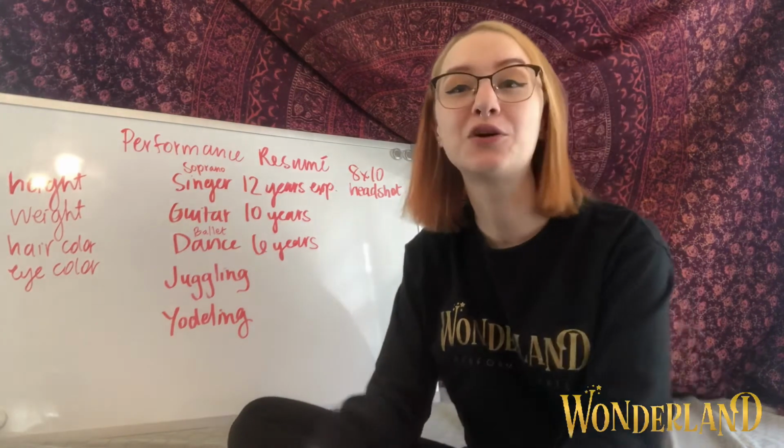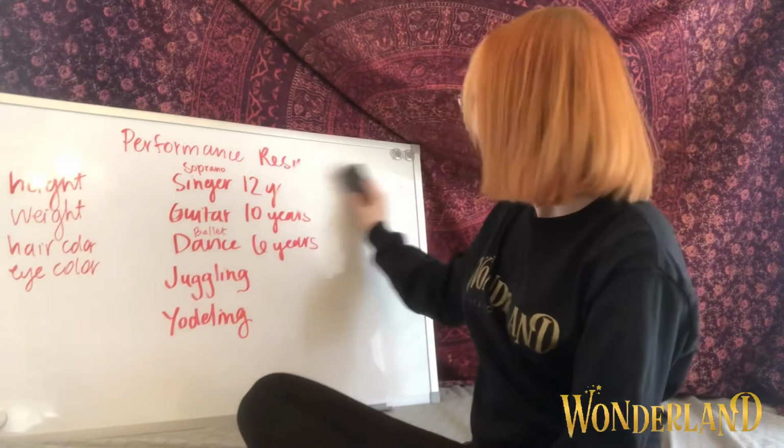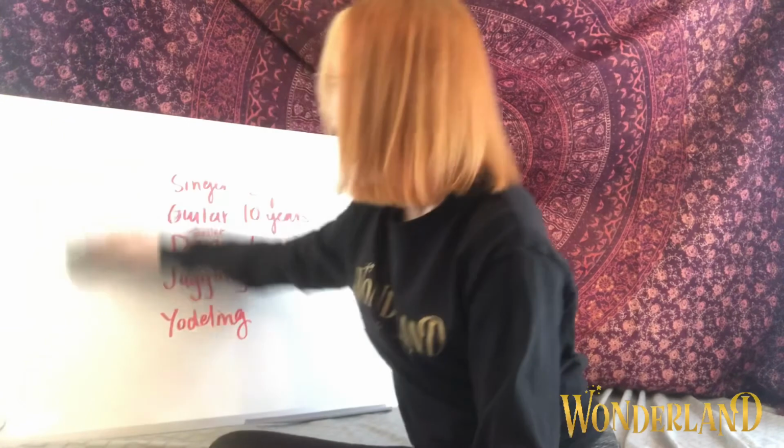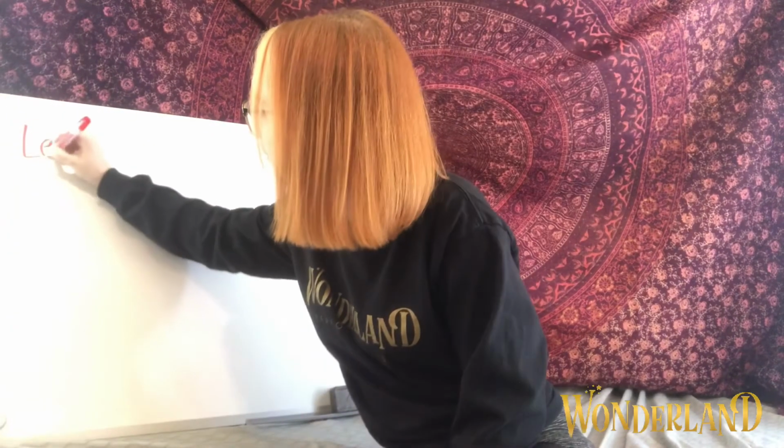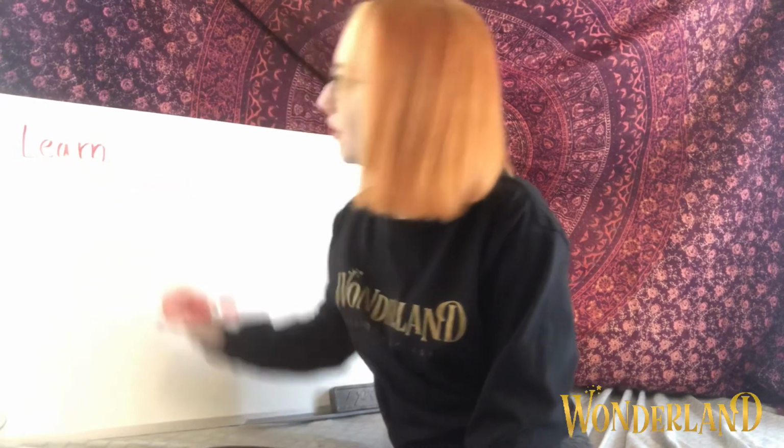So let's do a little review. Handy dandy whiteboard. Let's start at the beginning of what we did today. So we started with how to learn our song, right? We know to listen to different recordings when we're learning. We know to try to plunk it on the piano if you can.